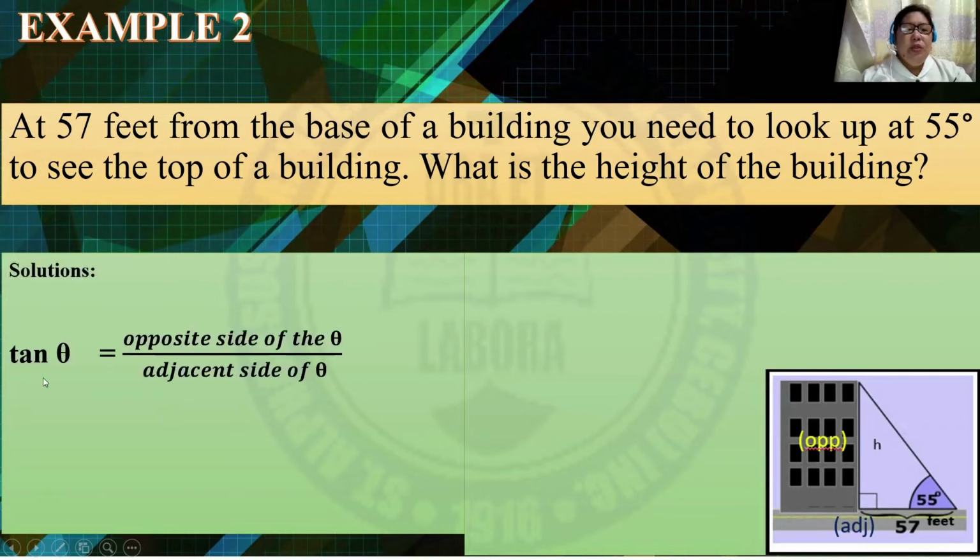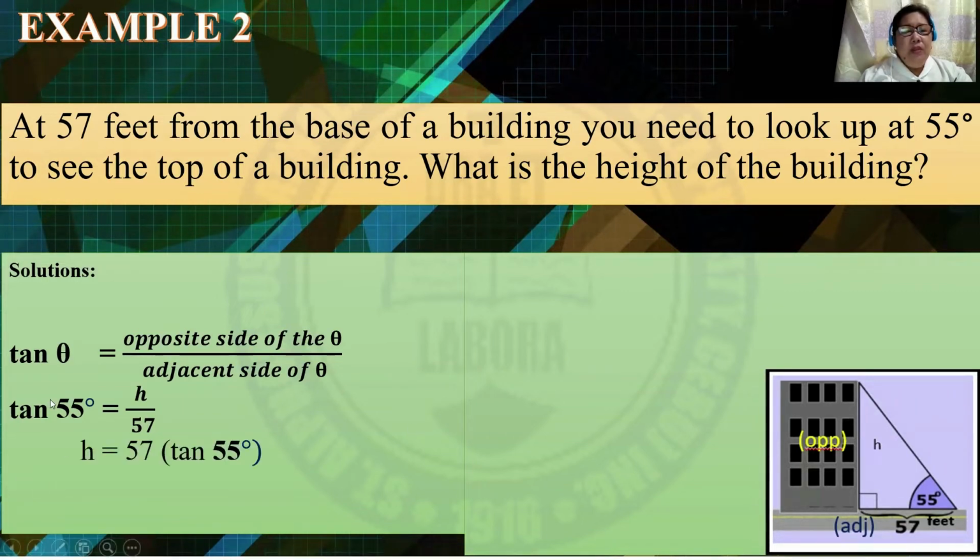So for the solution, tangent theta is equal to opposite side of the theta over the adjacent side of theta. The opposite side is unknown, so we are going to represent it by h, which is the height, over the adjacent is 57.